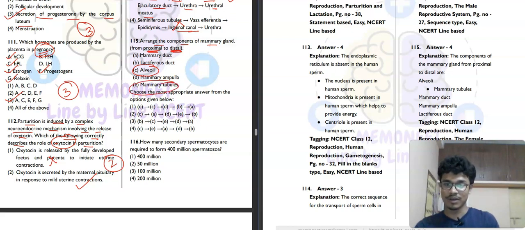After that it will be mammary duct, and then mammary ampulla, and lastly it will have the lactiferous duct. So this is what the breast tip has, proximal to distal. Okay, understand? That's why the fourth option will be your correct answer for this question.